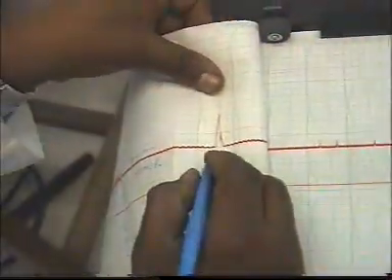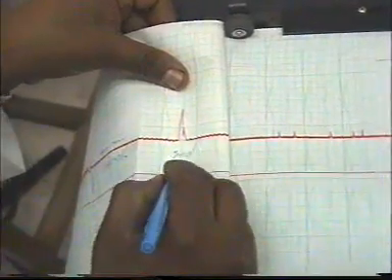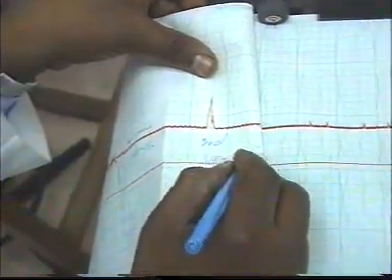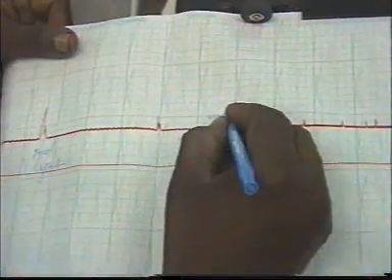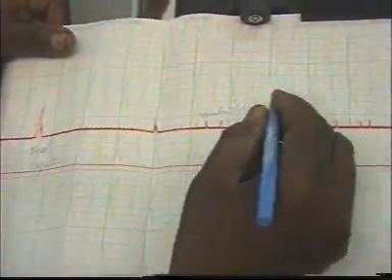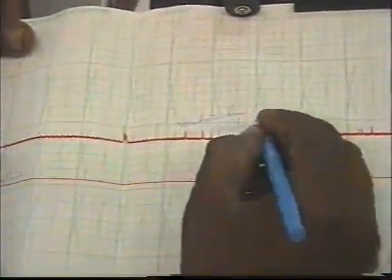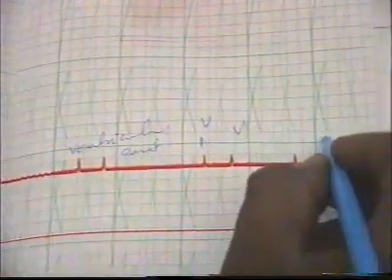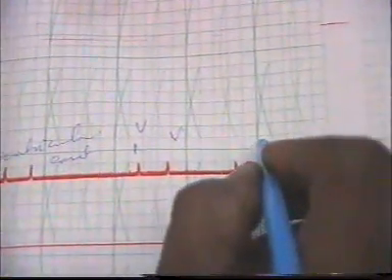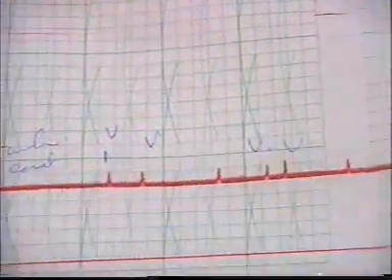Here, this is the second ligature. After the second ligature, these are ventricular contractions. Now this is ventricular. You see, they become close ventricular contractions.